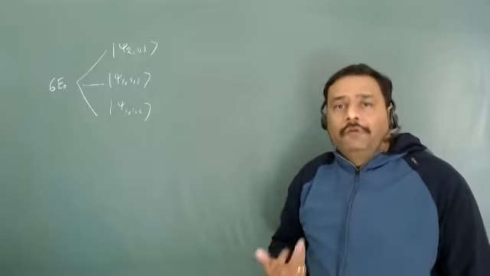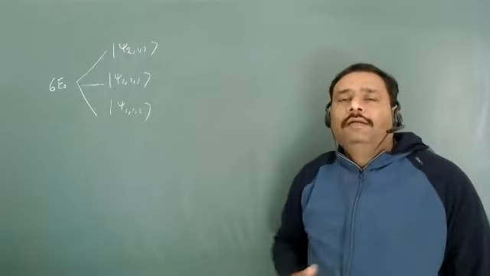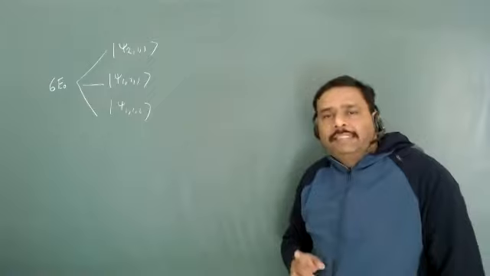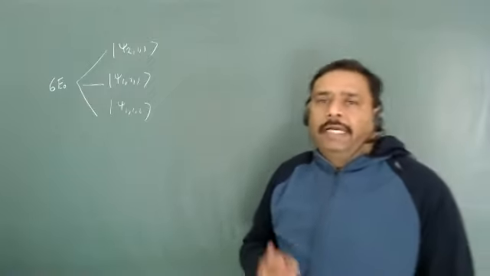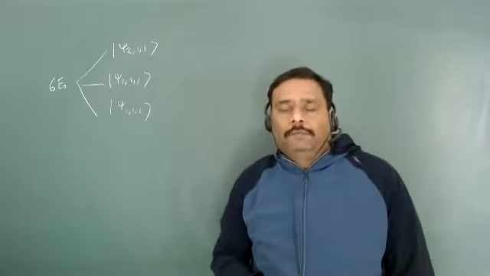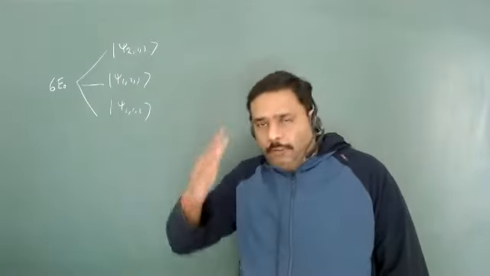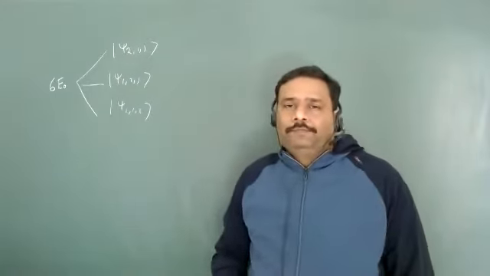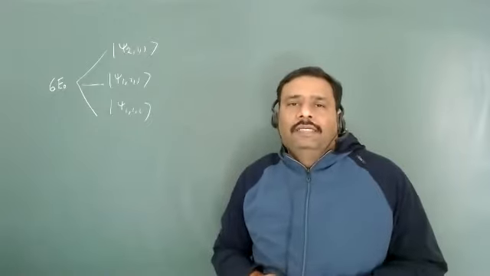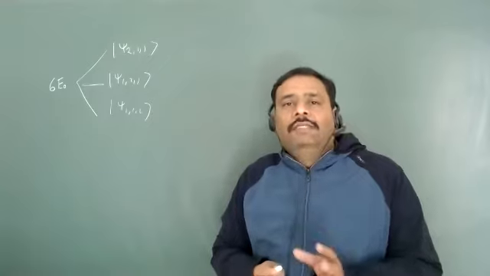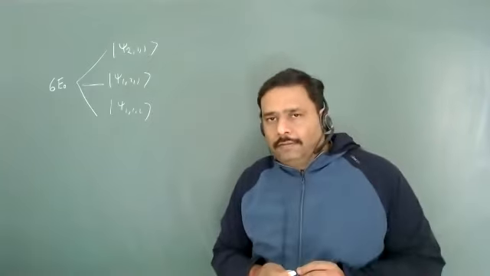Unless you have a basis, you cannot write in a matrix form. So our choice is that I have to write H naught in a matrix form, and it should be diagonalized. Then obviously the energy eigenfunction will be the best option.